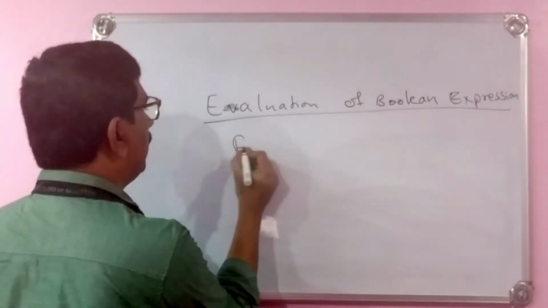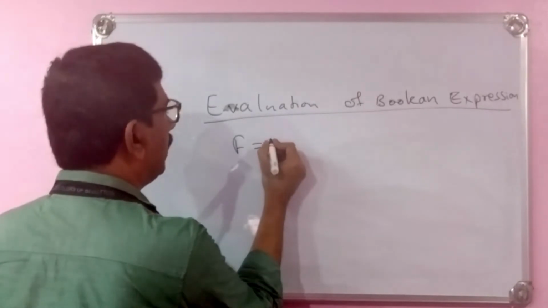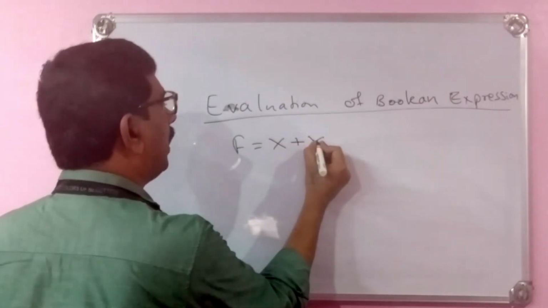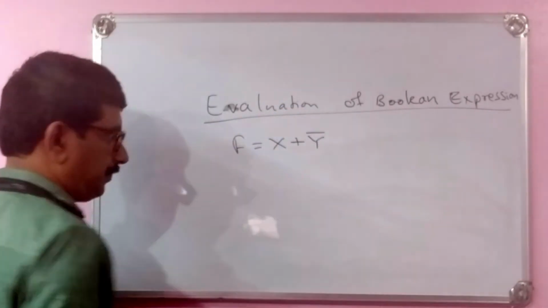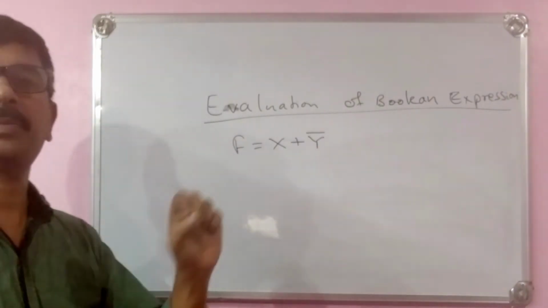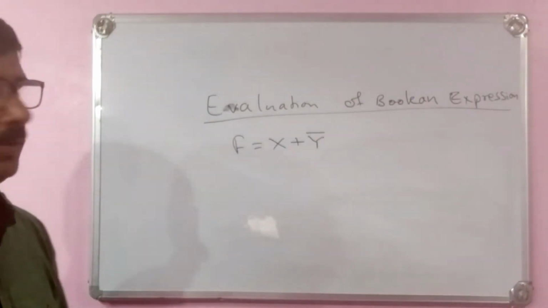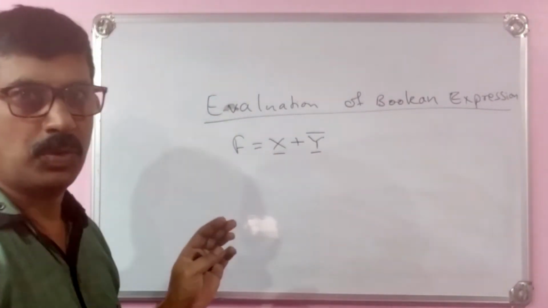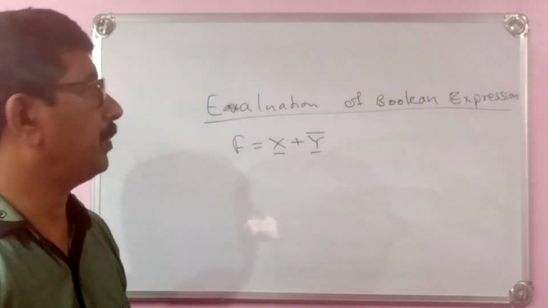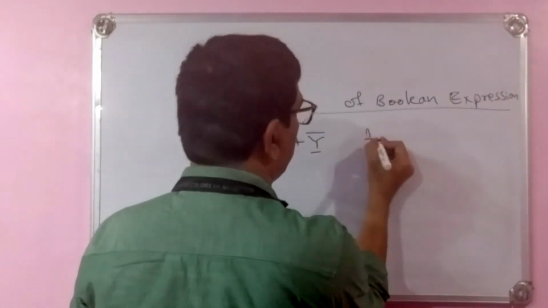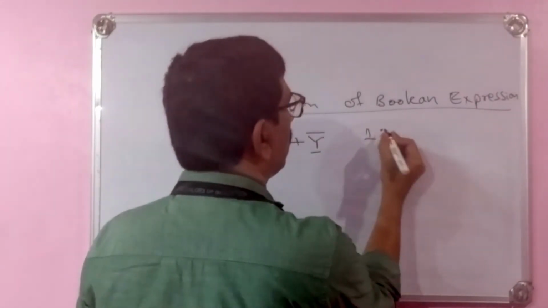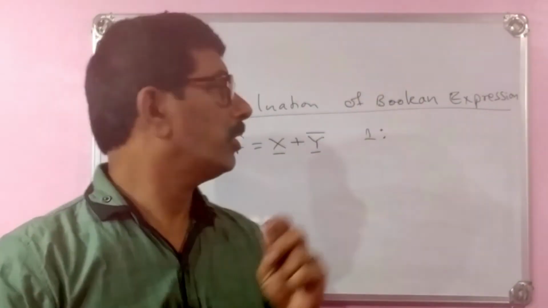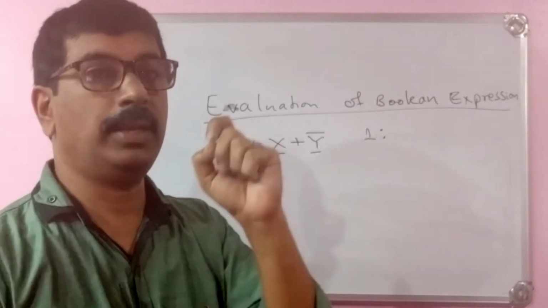Now I will take f is equal to x plus y bar. There are two variables in this expression. In step 1, find out the number of variables in the expression.